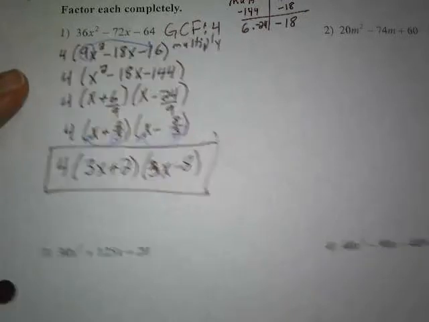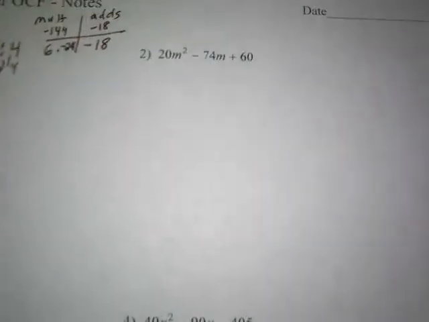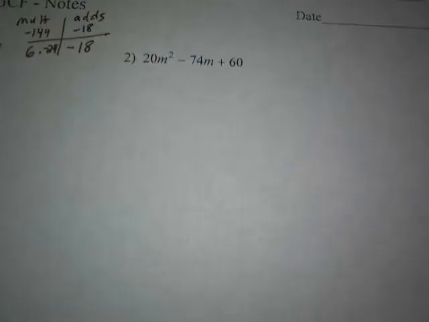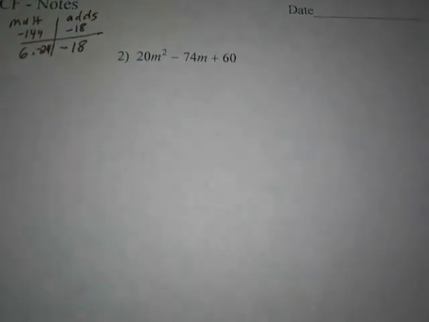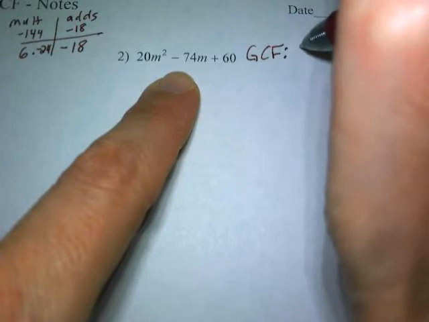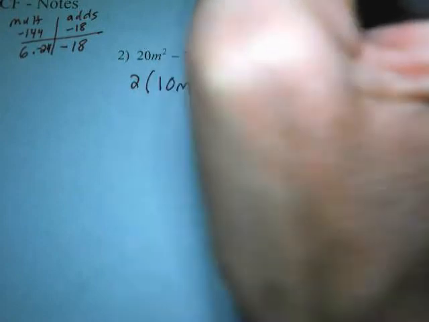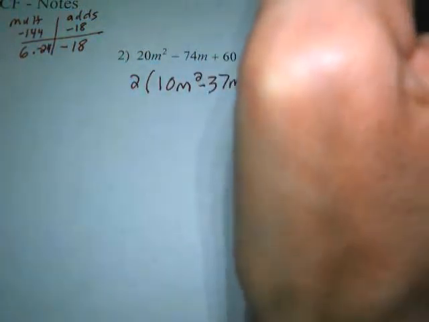Number 2, we have 20m squared minus 74m plus 60. Here, our GCF is 2. So I'm going to divide all 3 of my terms by 2. We get 10m squared minus 37m plus 30.